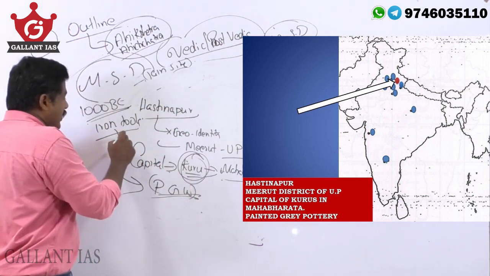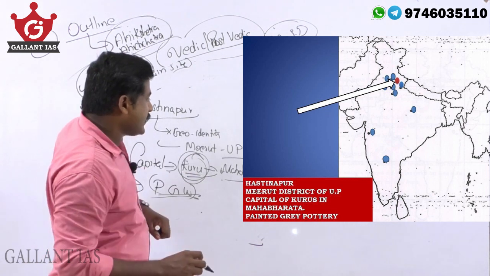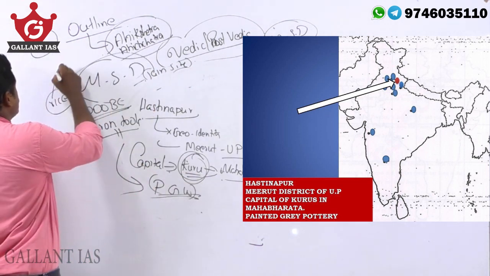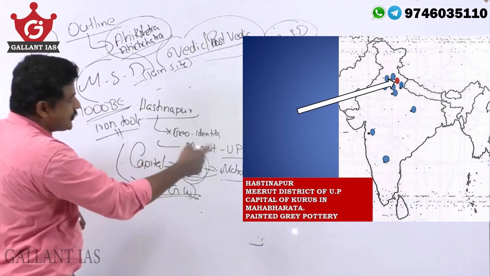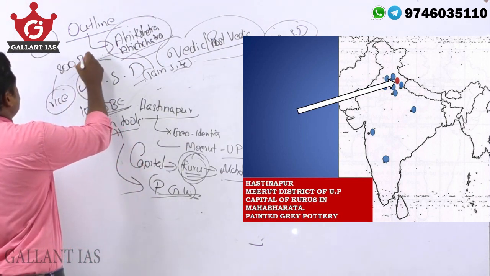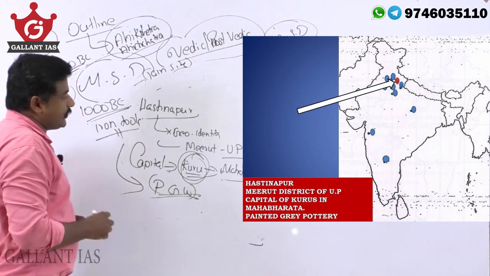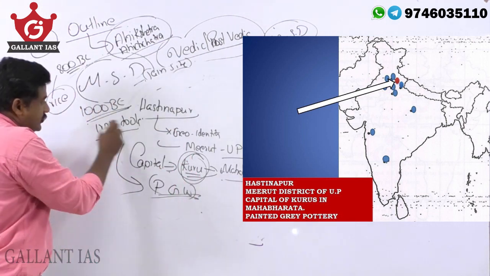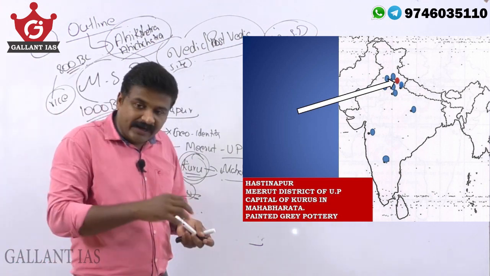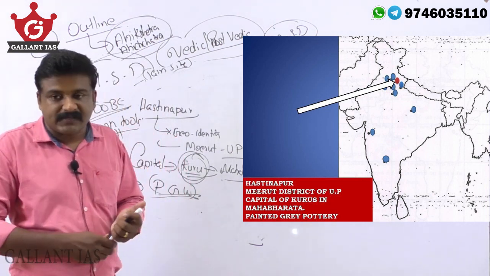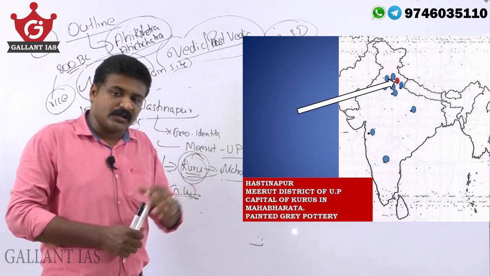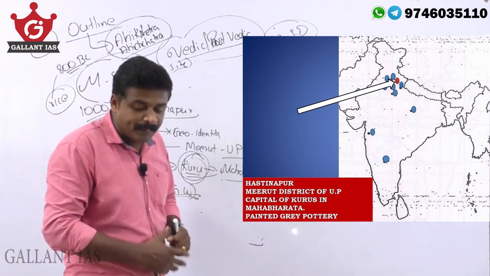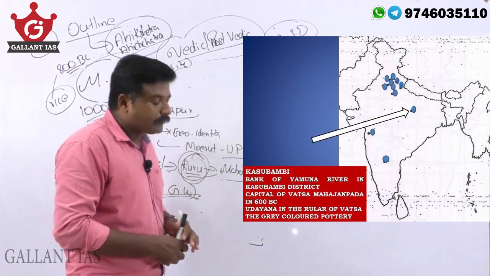Also rice remains as early as 800 BC were identified from this site. So these are some basic findings from this site. Only this much is enough for writing the description. So take care. That is another popular site, Hastinapur. Moving on to the next site, Kaushambi.